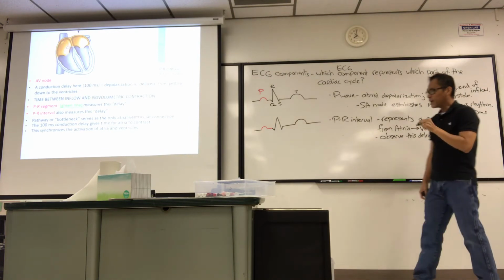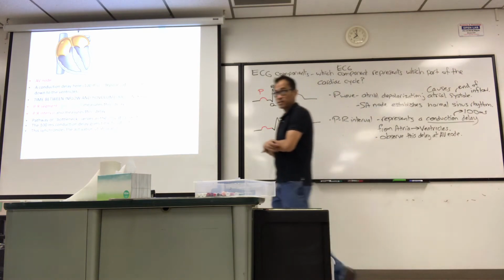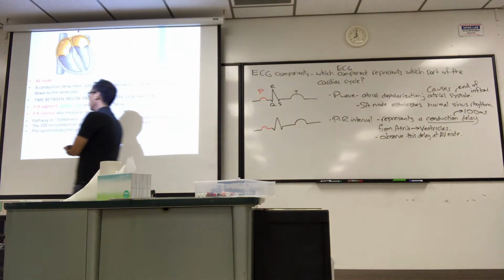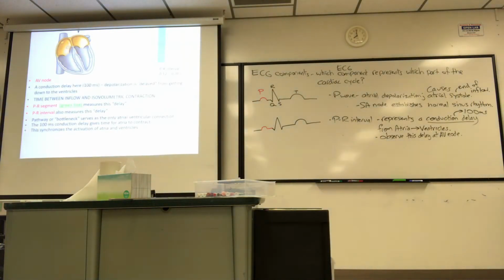Remember, the delay is occurring because of the bundle of His. The signal has a tough time getting through that traffic jam, but you observe the delay at the AV node. So the delay is caused by the bundle of His, but you observe it at the AV node. That's how we stated it. So it's the time between inflow and isovolumetric contraction. A very brief time there.